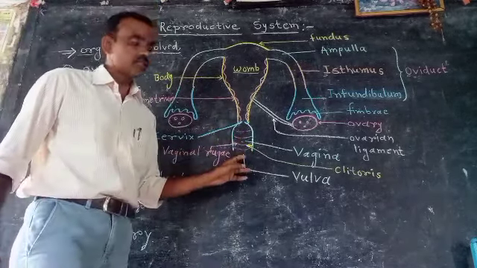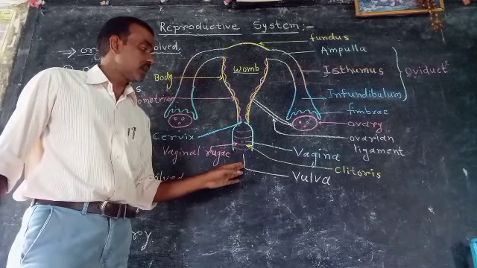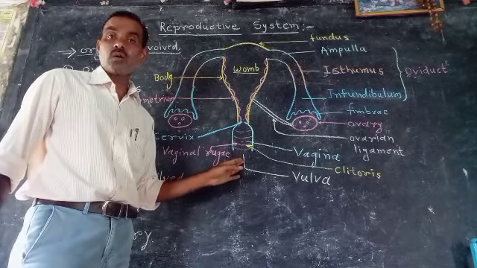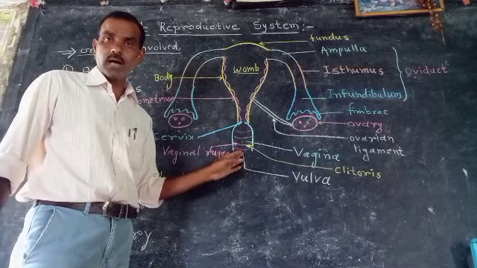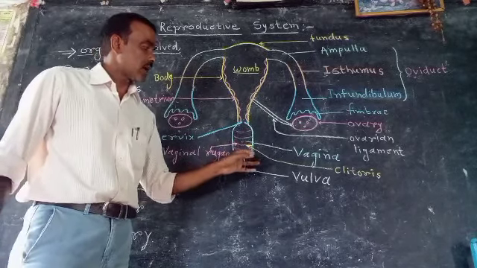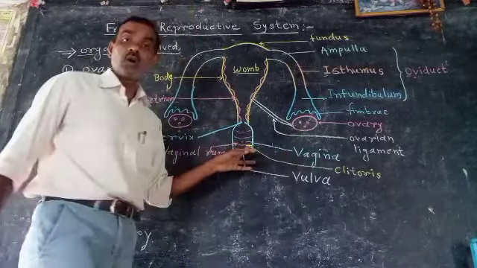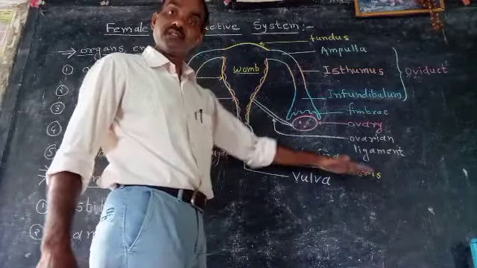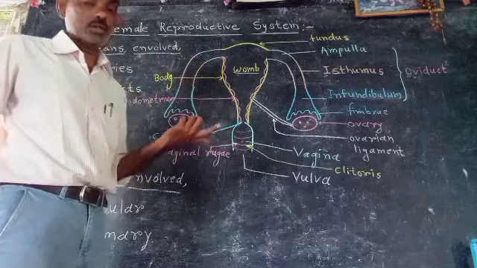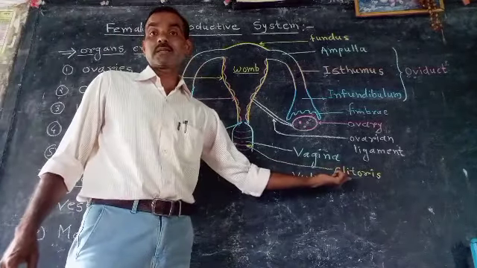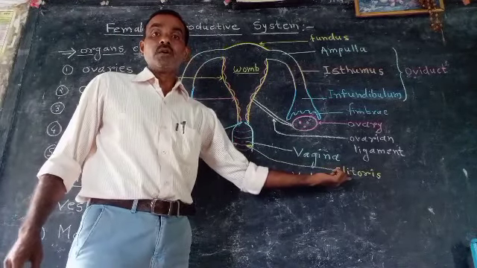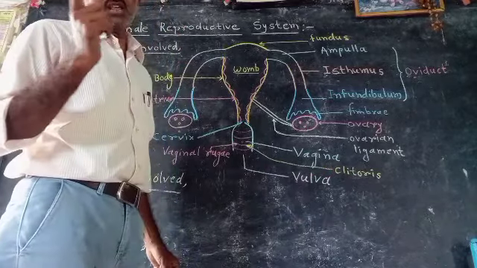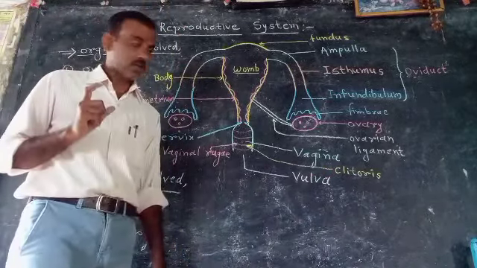At the mouth of the vagina there is the vestibule, the vulva, and the clitoris, a small erectile organ. It is an erectile organ just like the male penis, so the clitoris is called the pseudo penis. Pseudo means false.